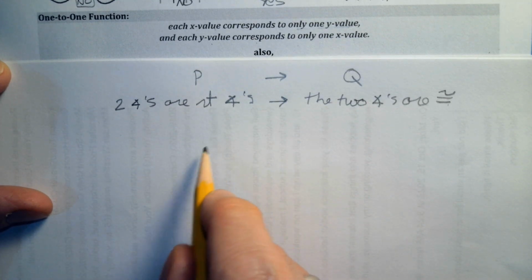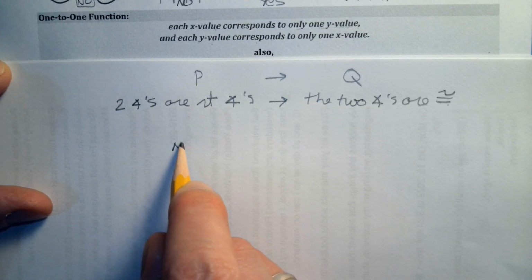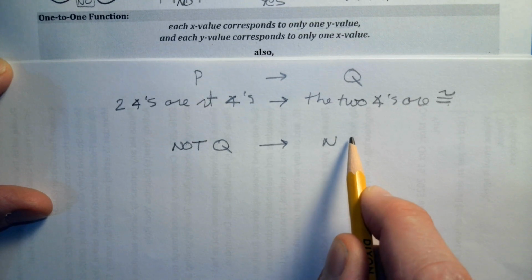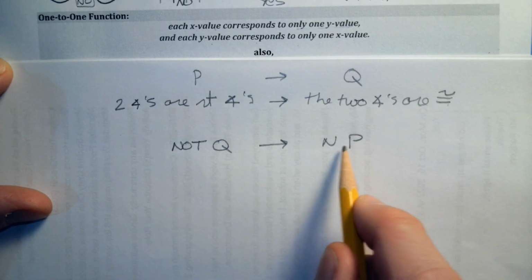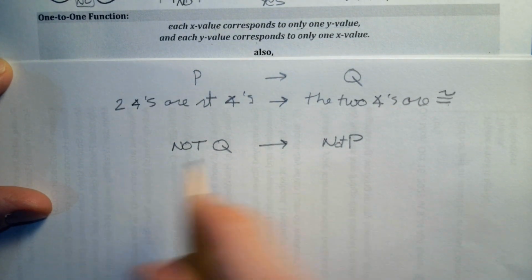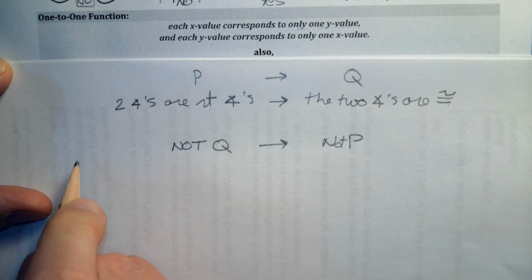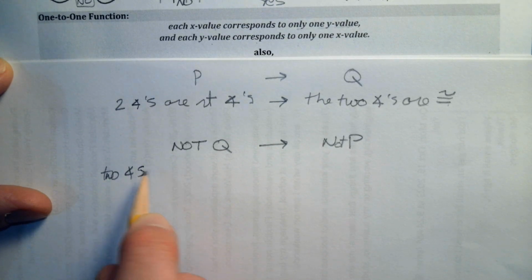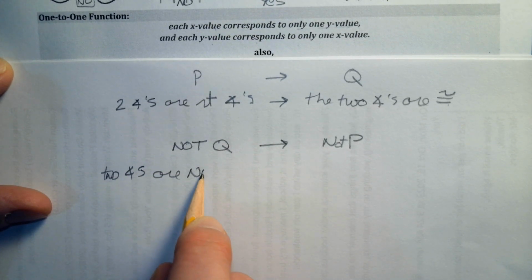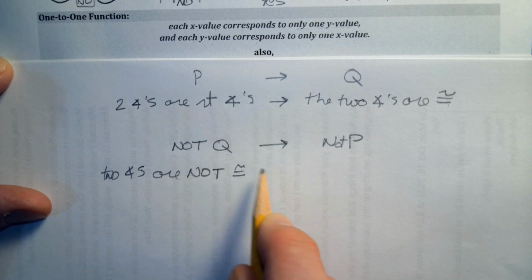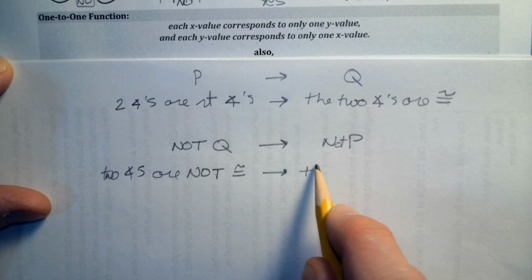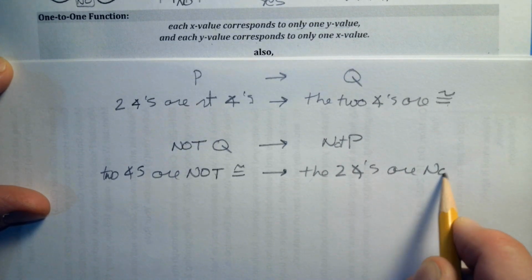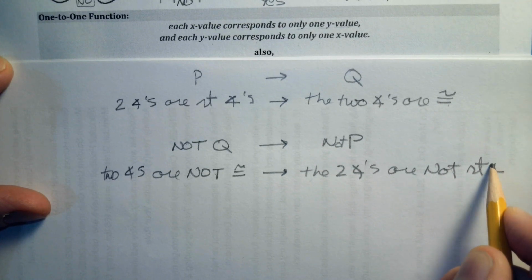Okay, now what about the contrapositive? So not Q should give us not P. So let's see this. Not P. What's the negation of two angles are congruent? Two angles are not congruent, then the two angles are not right angles.